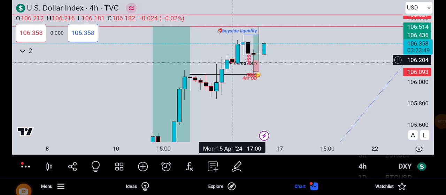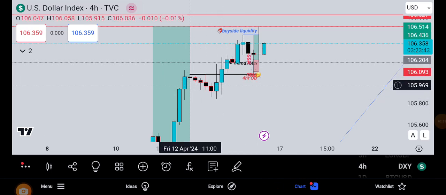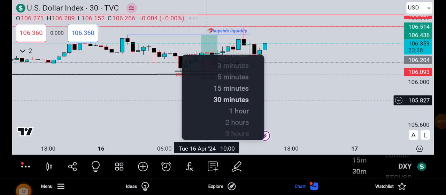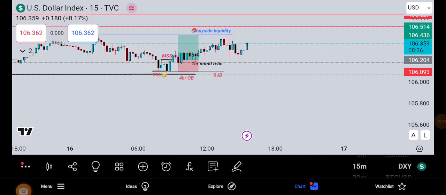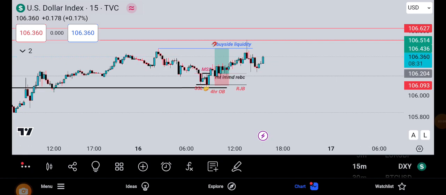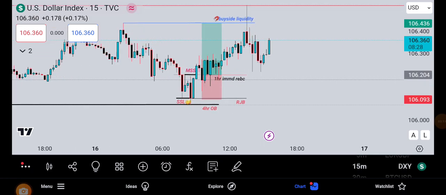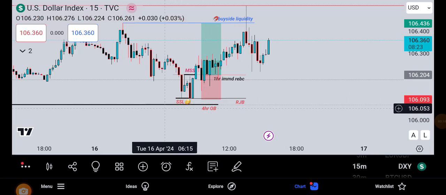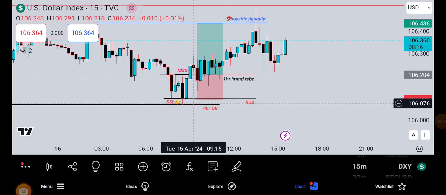From the 4-hour time frame, because I've already noted these 4-hour order blocks, I dropped to the 15 minutes time frame to see whether the market maker buy model will present itself. What happened, as we can see here inside the lower time frame, the 15 minutes time frame, is that the market dipped into this 4-hour order block, which is my number one key level.